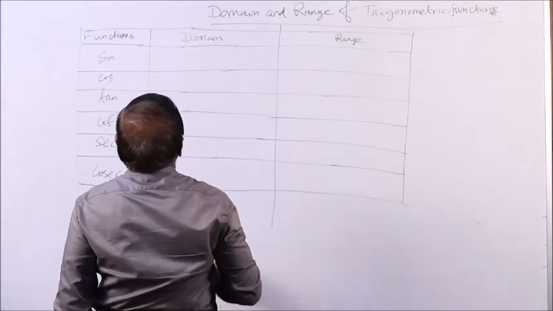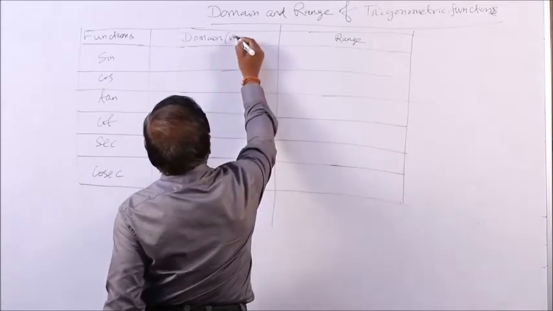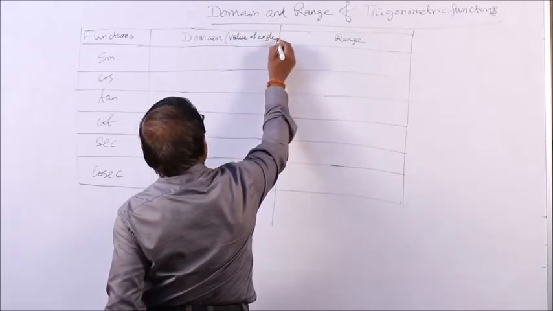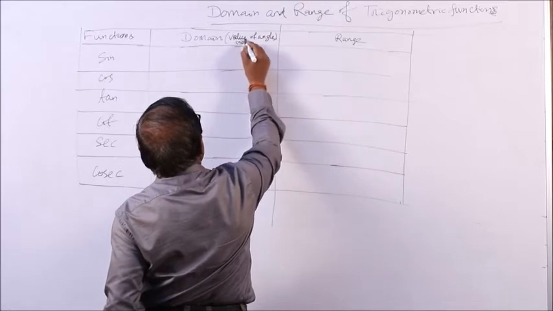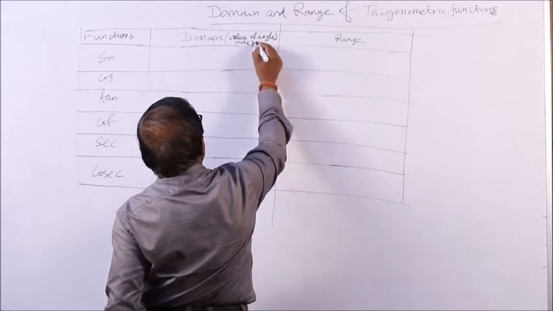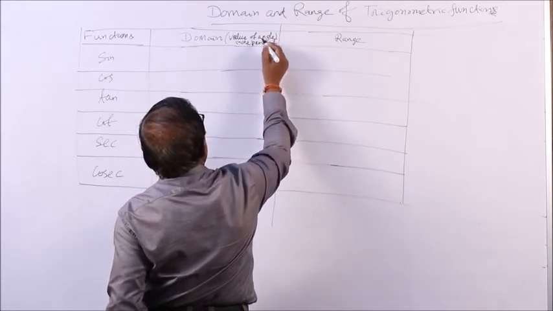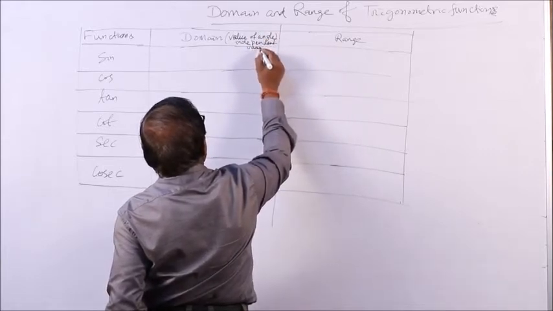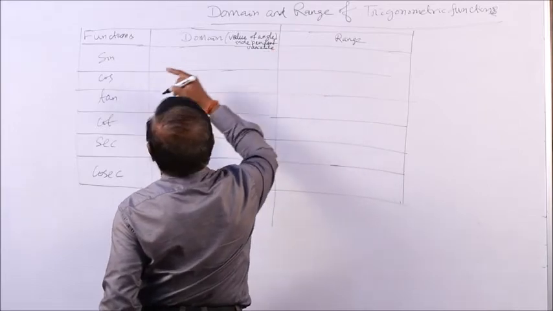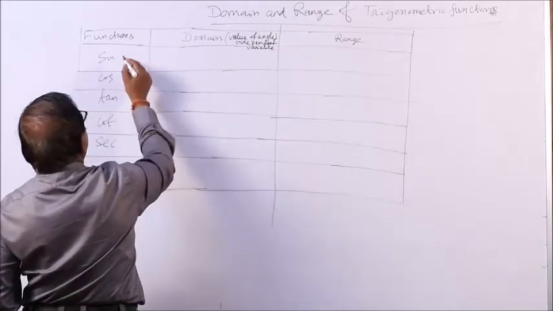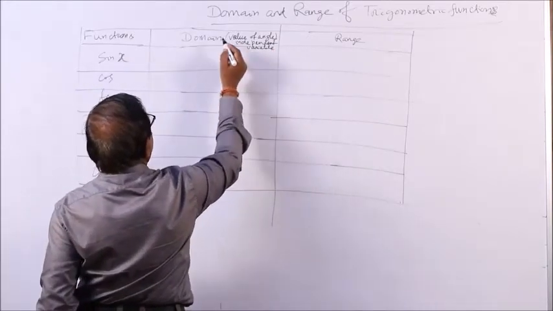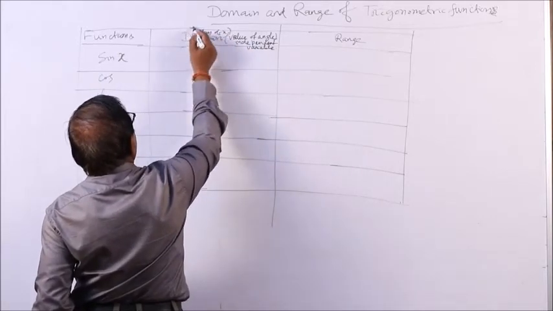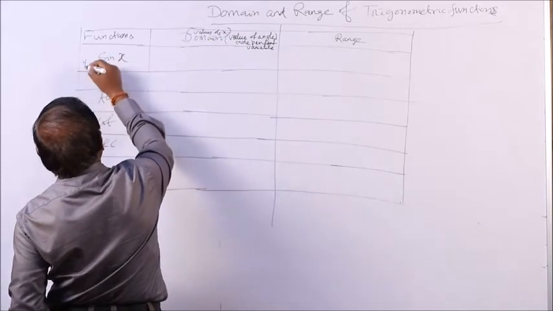Domain is the value of the angle, I mean the independent variable. That means you are taking, say, x, these are the values of x, and this is the value of y.